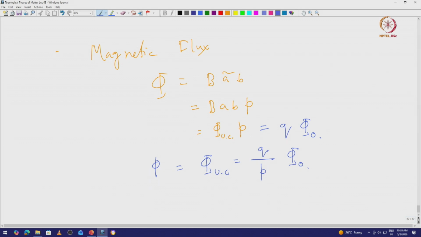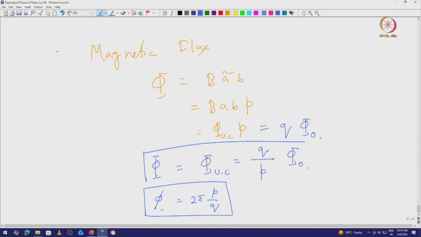Let us just define phi, okay, we will use it in the next class, to be 2 pi times p by q, and this is another equation.